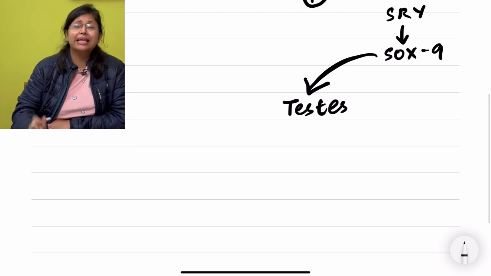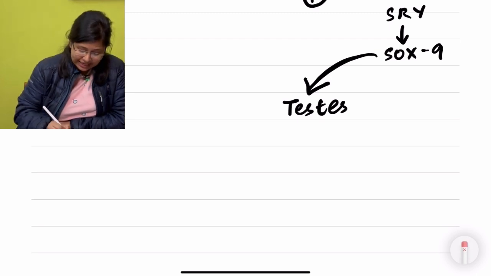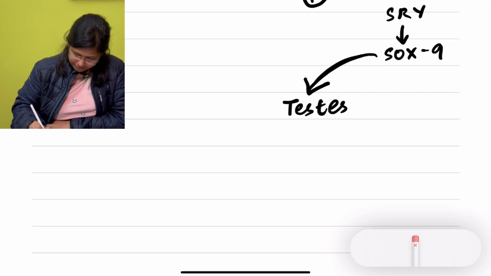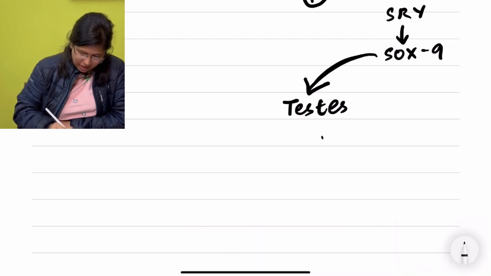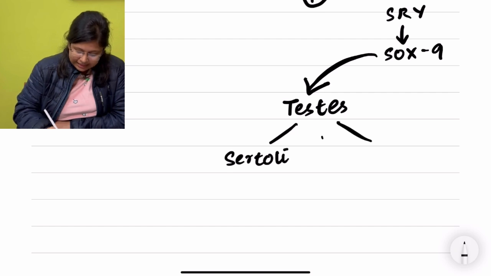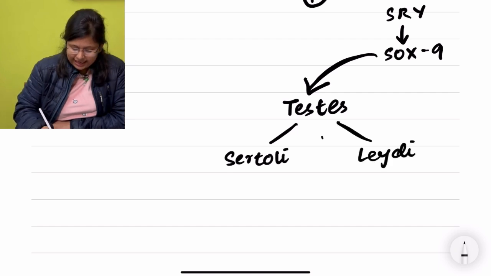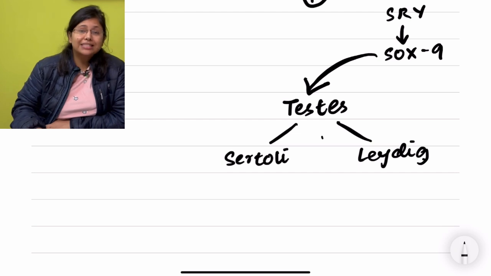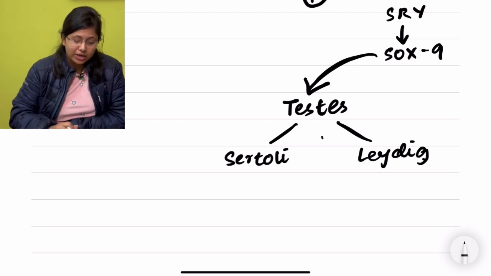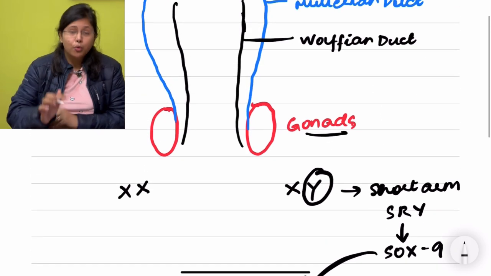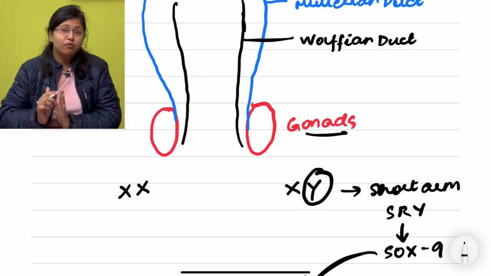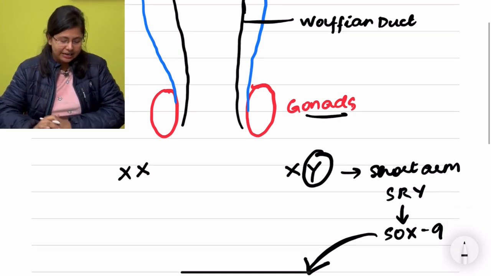Now we know that the testes has two cell lines: one is the Sertoli cells and the other is the Leydig cells. What the Sertoli cell does is something very important. Coming back to this diagram, we need the Mullerian duct to go away and the Wolffian duct to differentiate into male internal organs.